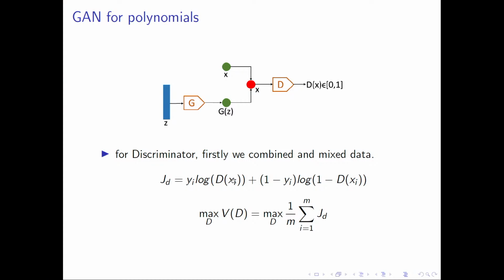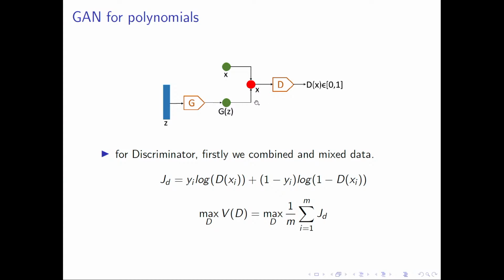This is the same idea as what Goodfellow says. For example, if our x is from the real data set, that means yi equals 1, so this is 1 and this is 0. So this part is 0, and the loss function only includes this part.